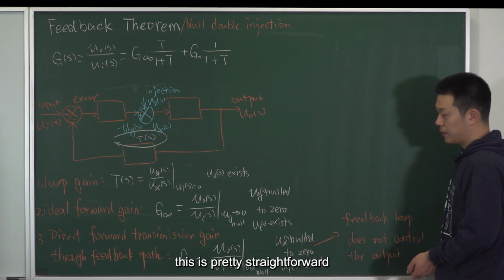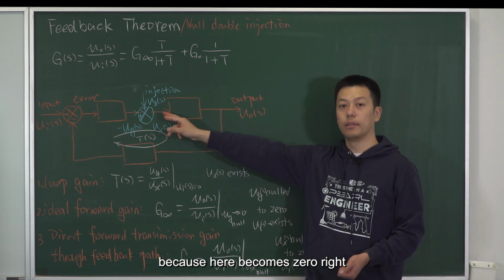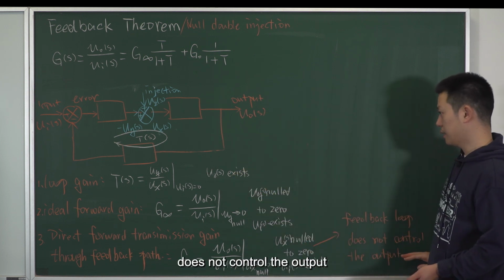Right, this is pretty straightforward, right? Because Ux here becomes 0, it makes sense that the feedback loop does not control the output.